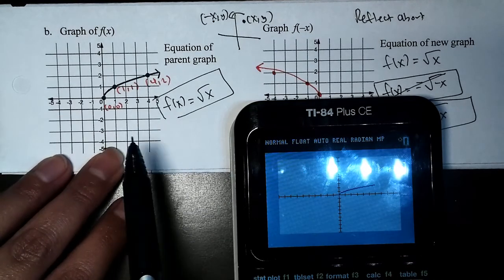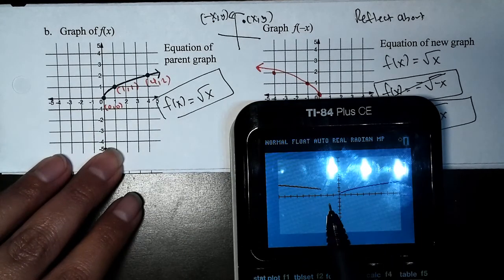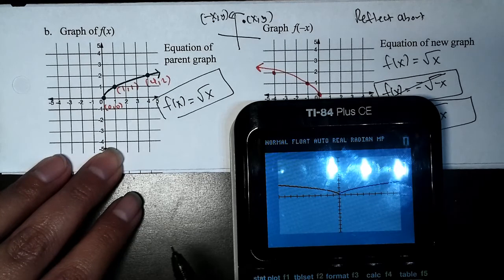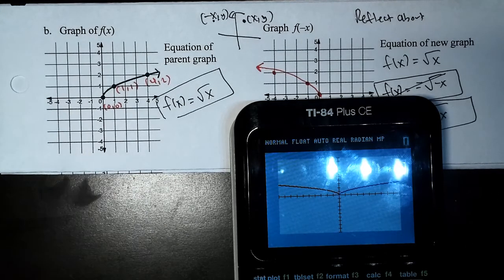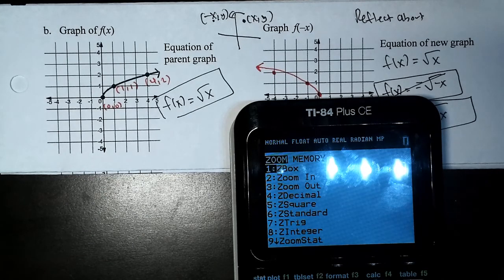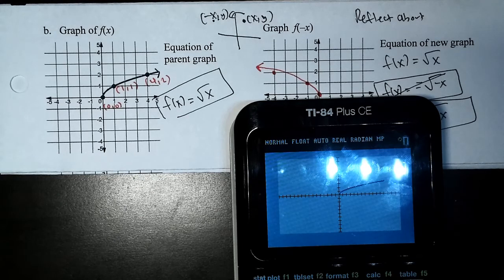The first one should go to the right, just like we said. The next one should go to the left, just like we have it. So we have a visual confirmation from our calculator that we nailed it. This is not a square window, so let me just zoom square, just so it looks a little bit nicer. It looks the same, probably.